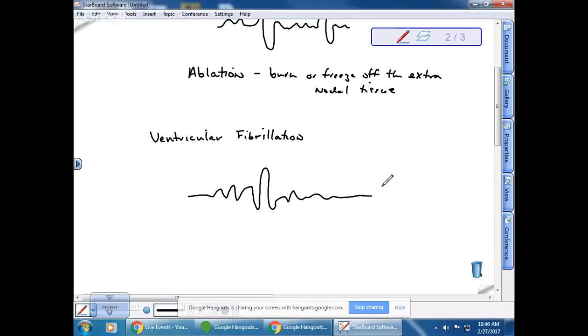One way to treat this is by shocking the heart, so you use a defibrillator. We actually have some defibrillators. This shocks the heart, stops it, and then hopefully the electrical activity will resume.